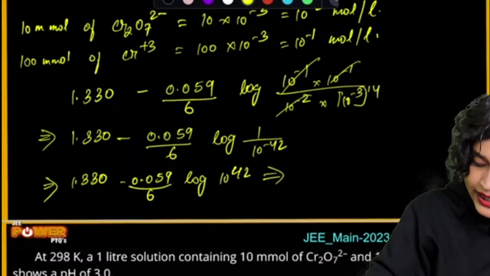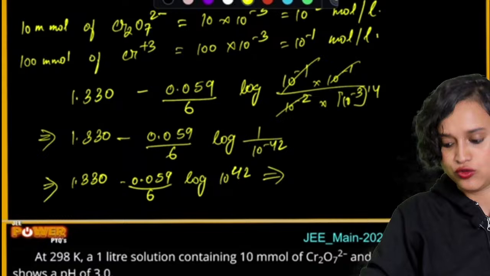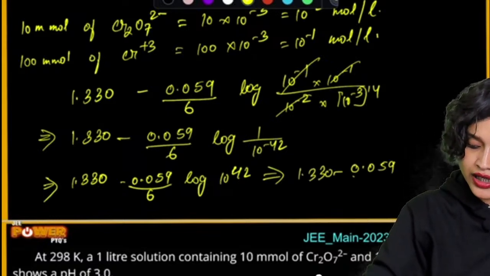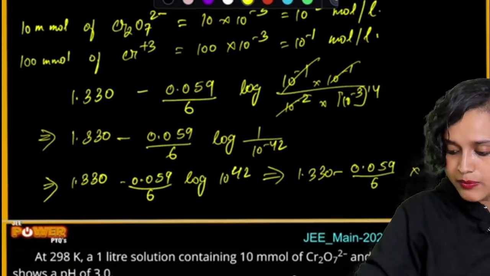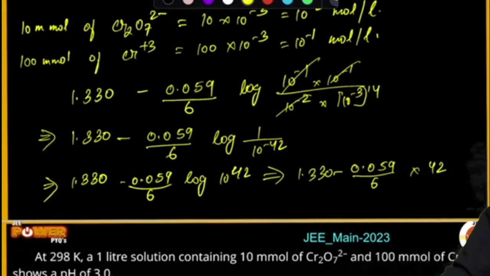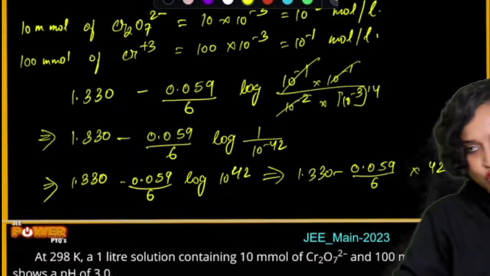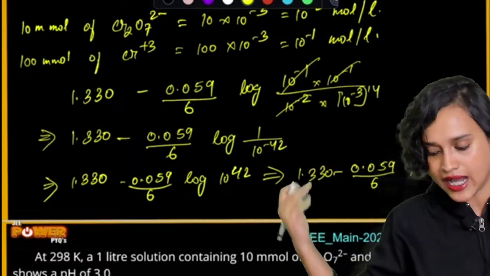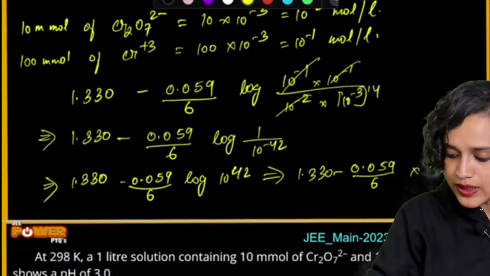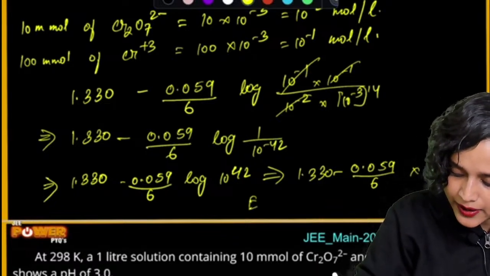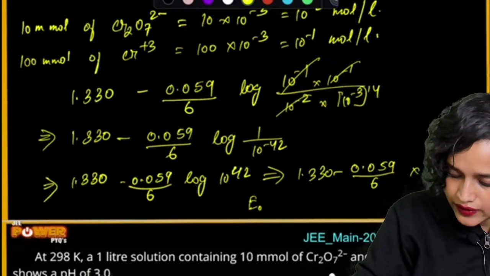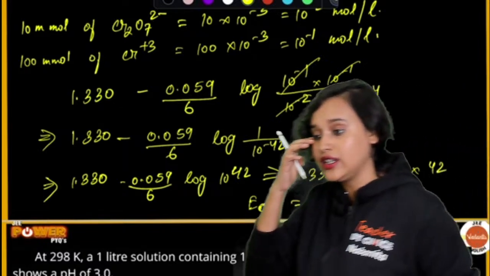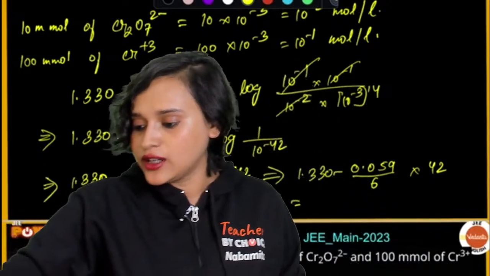This is equal to 1.330 minus 0.059 divided by 6 multiplied with 42, because this log also has base 10, so base 10 and 10 get cancelled, and it will be 42. Now if you simplify this, I think you will be getting E cell value. Calculate and tell me, what is the value of E cell, everybody?